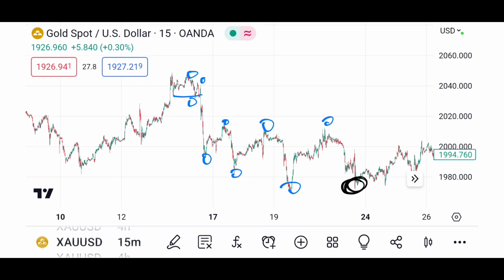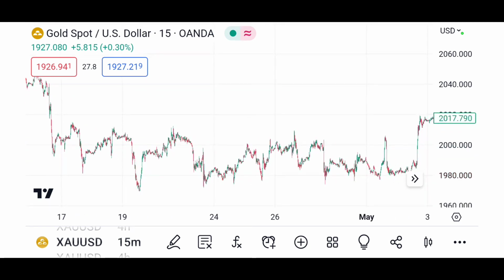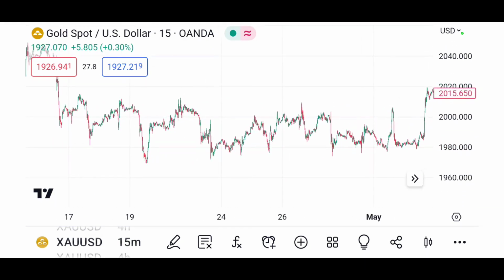Further looking forwards, you would see that after forming this low, the lower low, the lower high, then it formed a higher low. Now, this higher low couldn't even create another higher high. It rather formed a lower high. Now, this lower high still couldn't form a lower low.